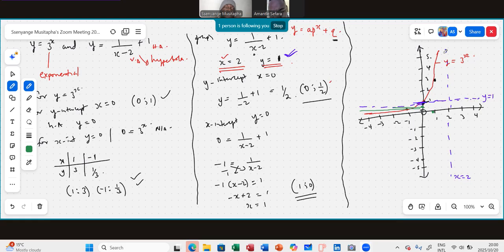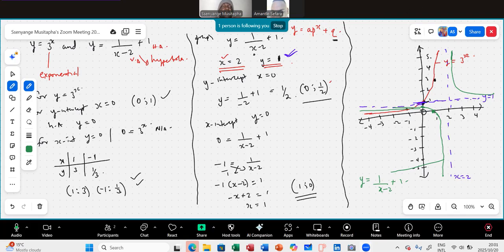There's an asymptote here, and then it crosses this intercept, then it goes down. The second one will just be this side, like this. And this one will give us y is equal to 1 over x minus 2, plus 1. That's another graph.